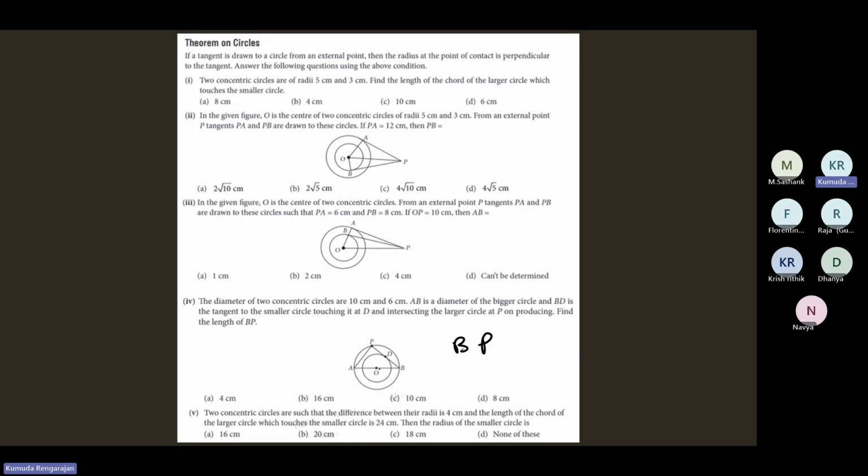Now, when you treat it as a tangent, this is the radius. BP tangent at D, so 90 degrees. And then when you treat BP as a chord, OD is a perpendicular from the center to the chord. So it bisects the chord. Theorem. So BD is equal to DP.